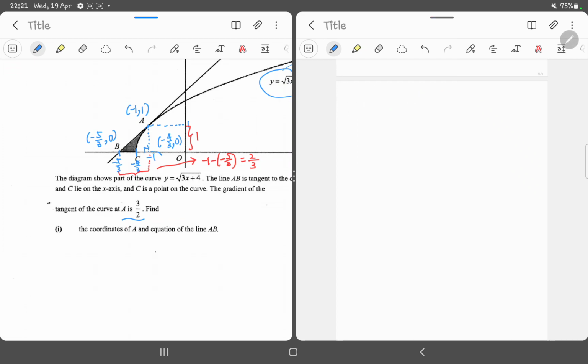Let's call this point over here point D. Okay? Let point D be minus 1, 0. So that I can write it out more precisely. So area ADB, okay, this is a right angle triangle.